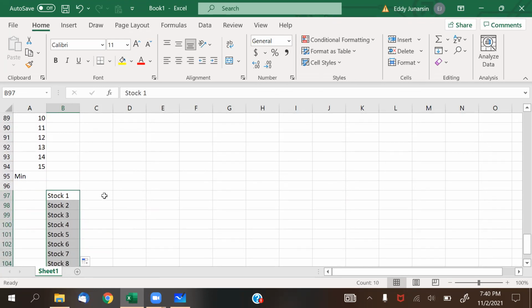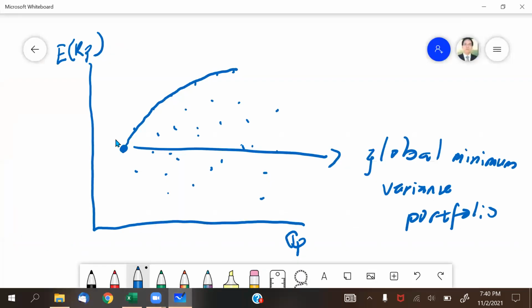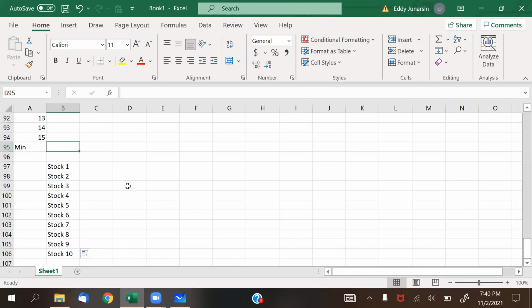Now essentially I'm asking, if I want to minimize this, you see the picture there, I want to minimize the variance of all possible portfolios, especially on the efficient frontier. What would be the proportions of these stocks? That's my question, right? And it will be solved by Excel. It's impossible to calculate by hand, so we use Excel.